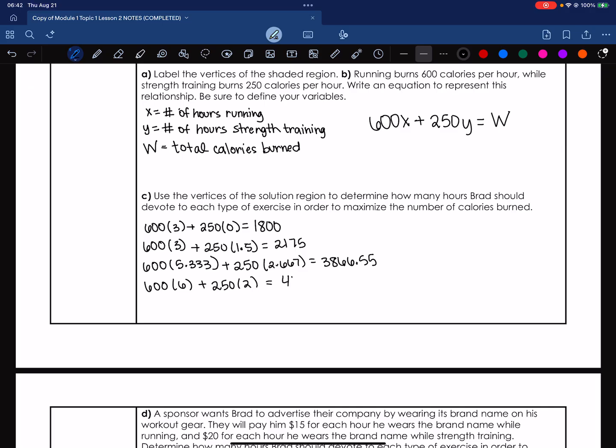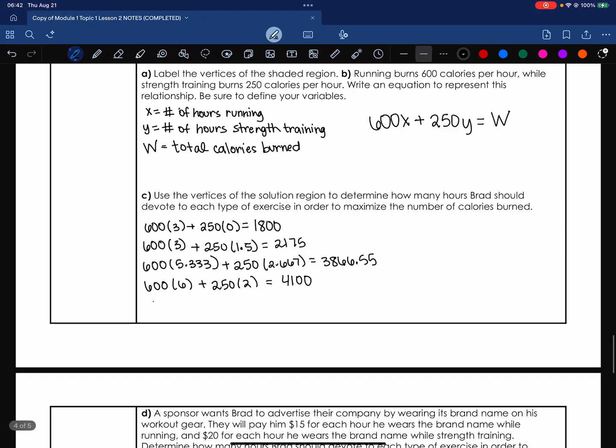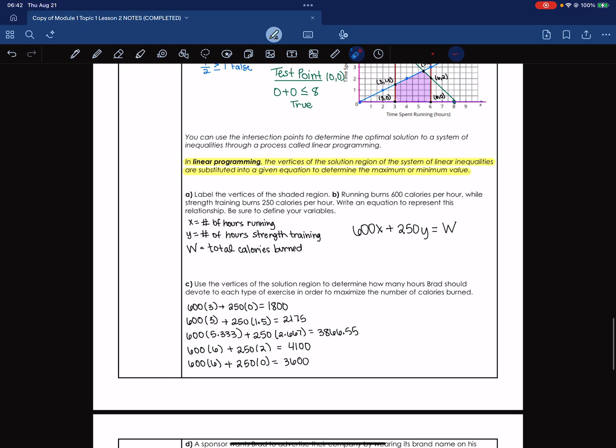That gives us 4,100. And then we have 600 times 6 plus 250 times 0. And that gives us 3,600.